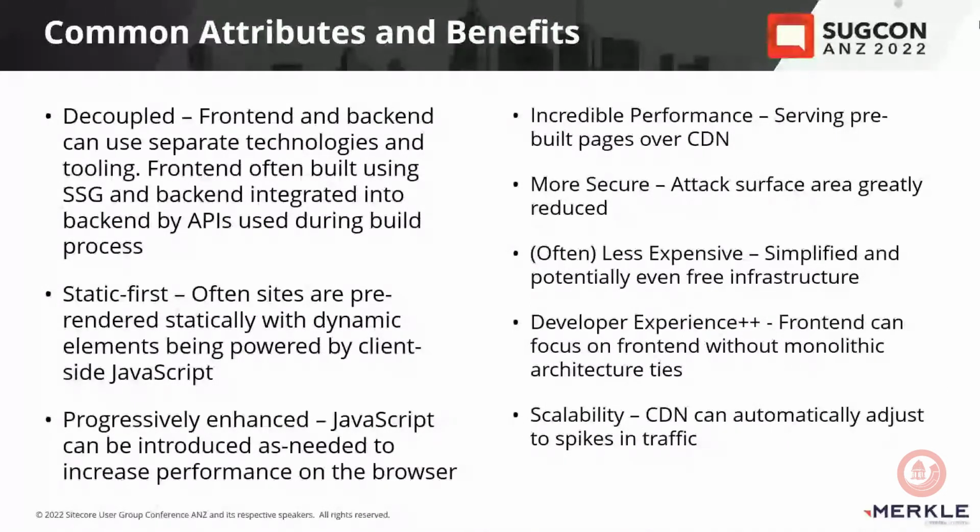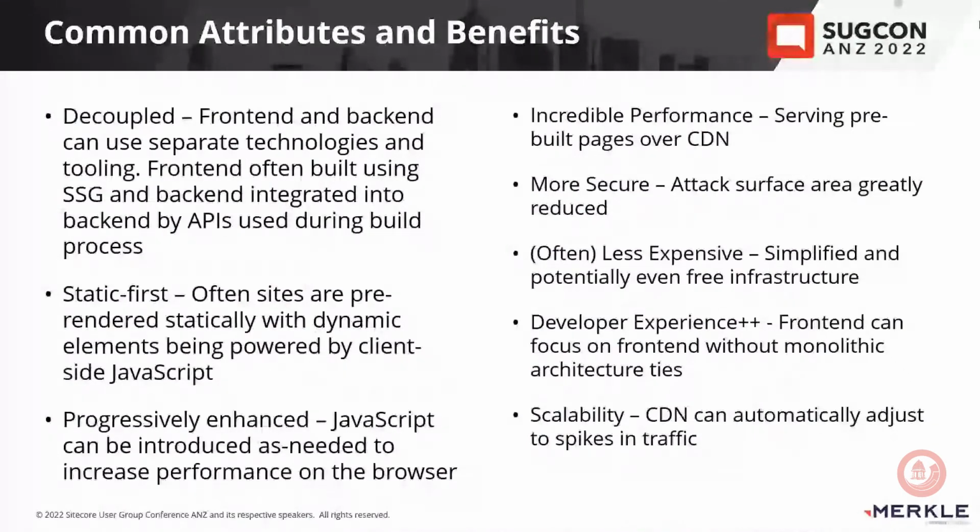It's often less expensive from an infrastructure perspective. You could get into a situation where there are free infrastructure services to just serve HTML pages, and you could serve your entire site that way. Since most of us here are Sitecore developers, it's not going to be free most of the time, but it can be less expensive than a lot of other options out there if you're going the Jamstack route.